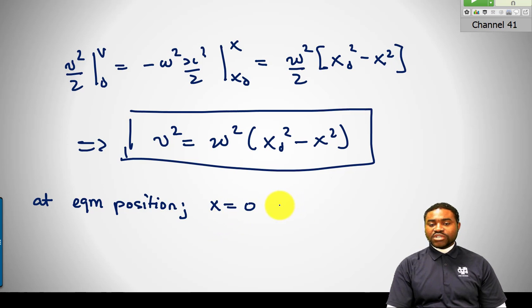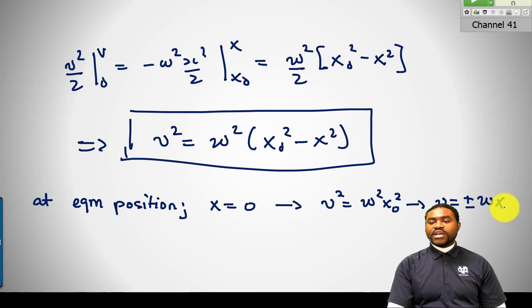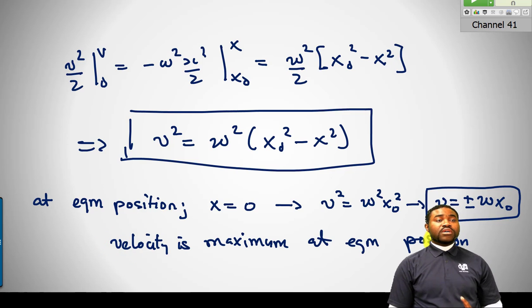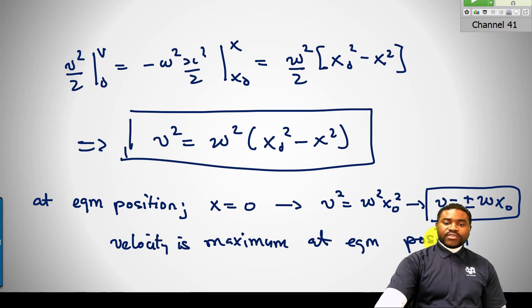And if x is equal to 0, this means that v squared will be equal to omega squared x naught squared. In other words, this implies that v is equal to plus or minus omega x naught. This is v max. The velocity is maximum at equilibrium position. That is the conclusion. Next slide.